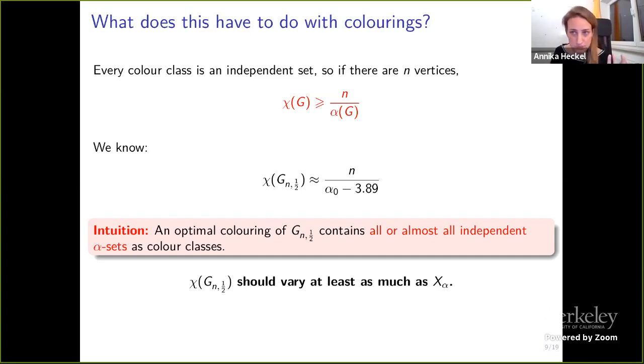And if that's true, and the number of available alpha sets varies by almost root n, then the overall number of colors that you end up with should also vary at least as much as that, because you have to take in all the alpha sets, and the number of available alpha sets varies by almost root n.